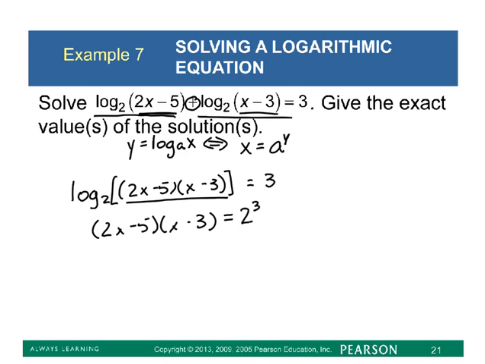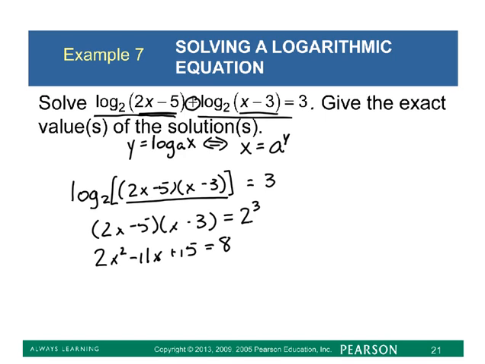Now we have a quadratic equation to solve. And how we're going to do that is by multiplying this all out and setting it equal to 0. Let's do all the foiling to get this right here, plus 15, that is equal to 8.